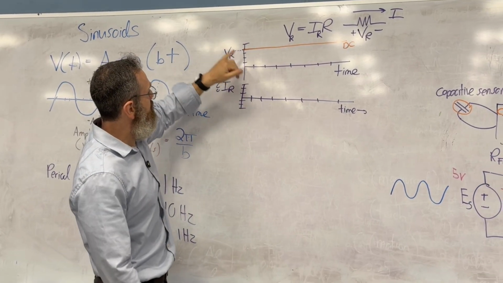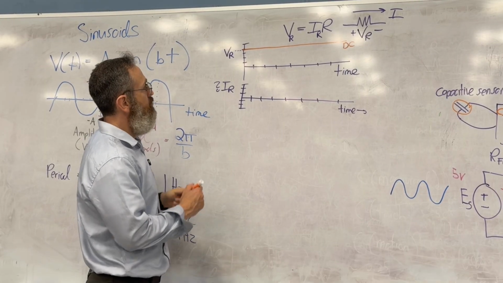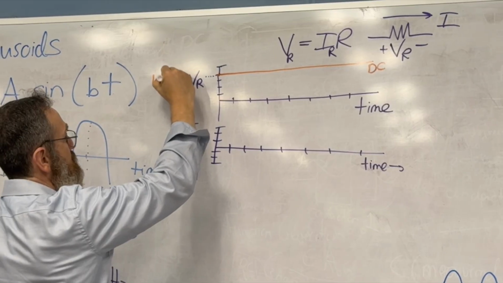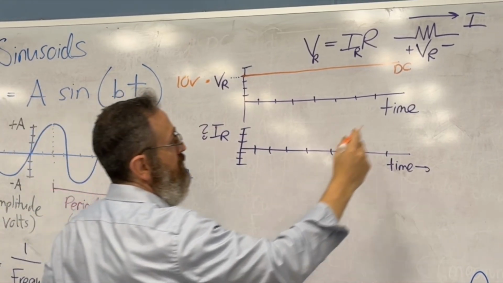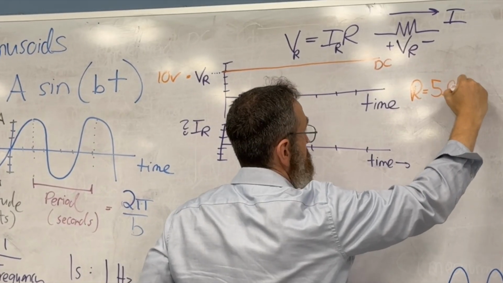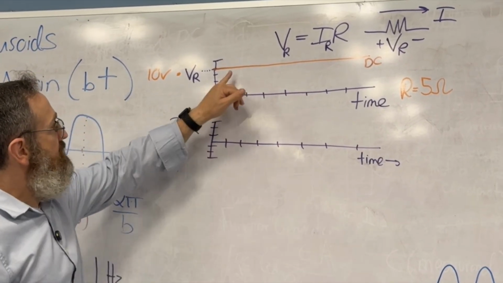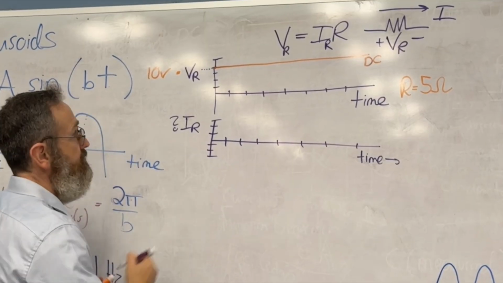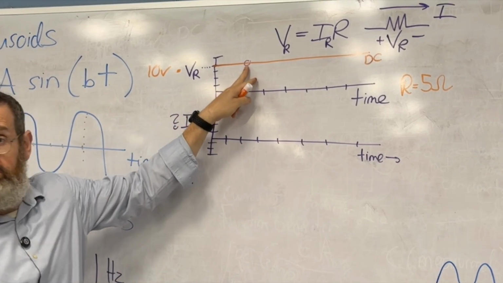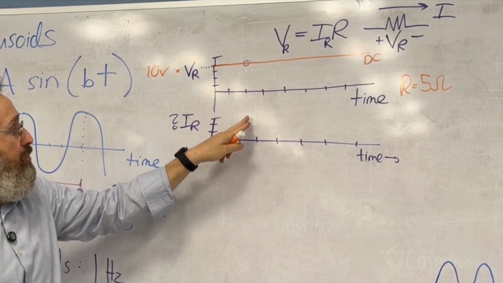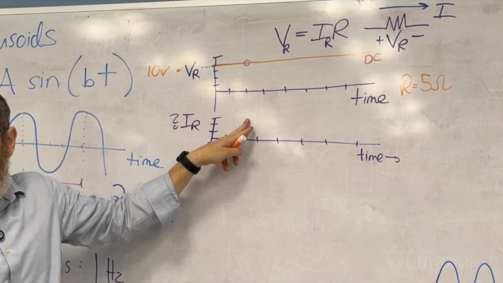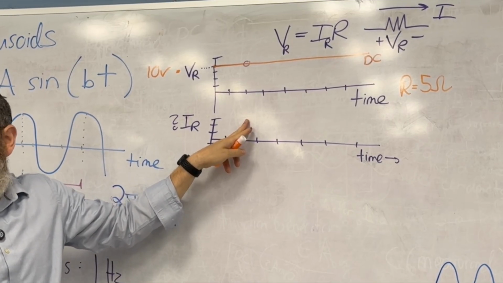At this point here, well, I do want to use values now. I'm going to say that the voltage was 10 volts. And I'm also going to tell you that the resistance was, let's say, 5 ohms. Okay. So at this time point here, the voltage is 10 volts. So at this time point here, what is the current? 2 amps, right?